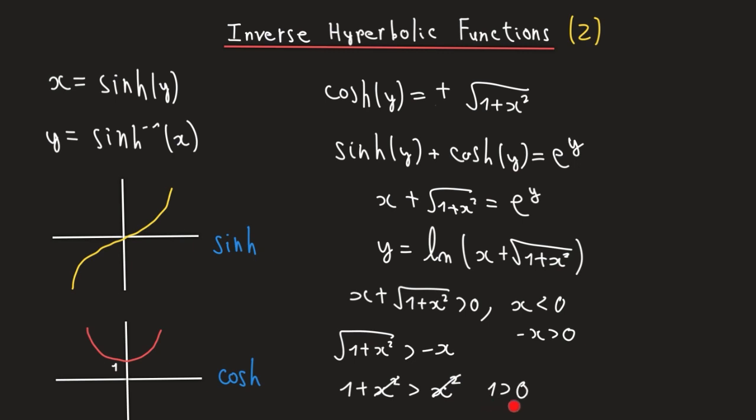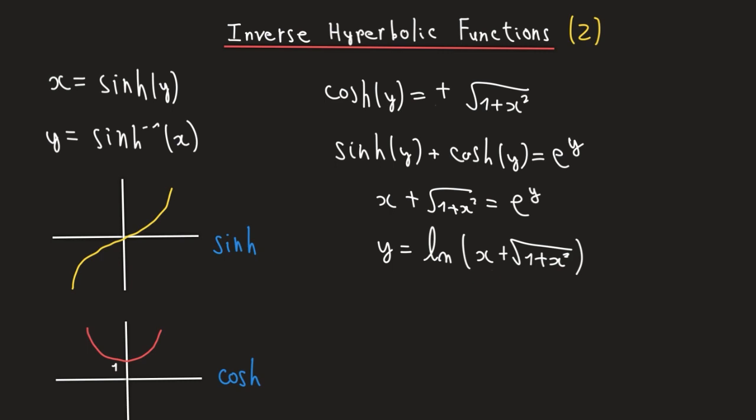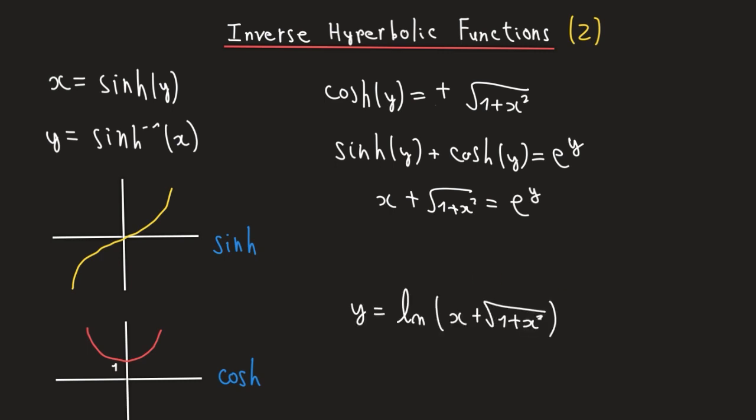But this is always true. And if this is always true, this is also true for x being negative. Therefore, we can clearly understand that x plus the square root of 1 plus x squared is always strictly greater than 0. And there we have it. This right here is the expression of the inverse hyperbolic sine of x.